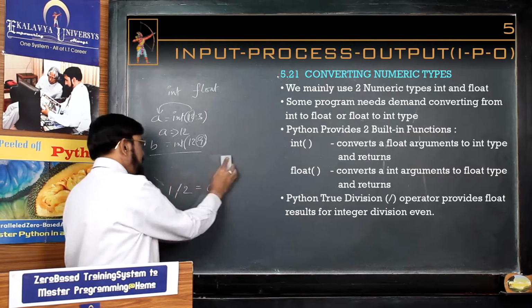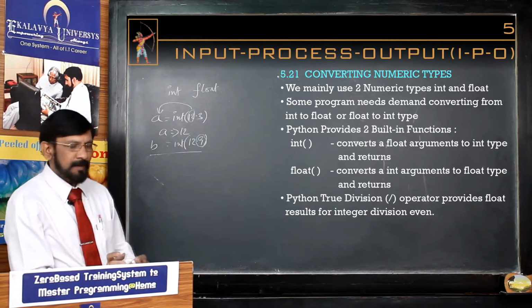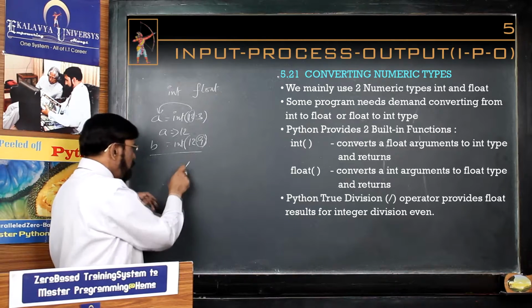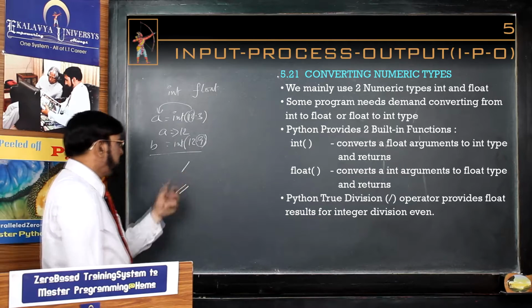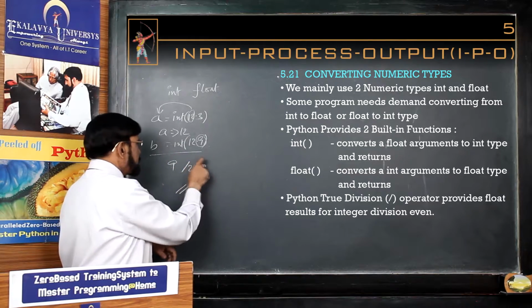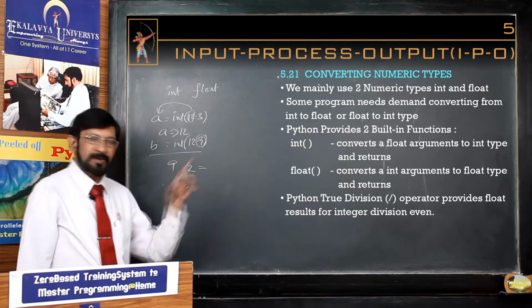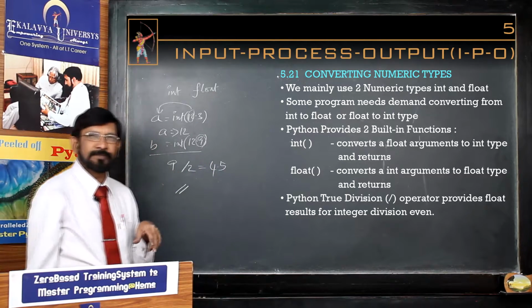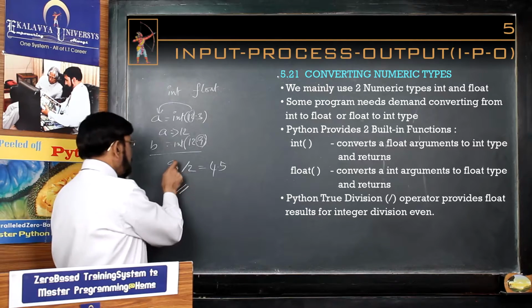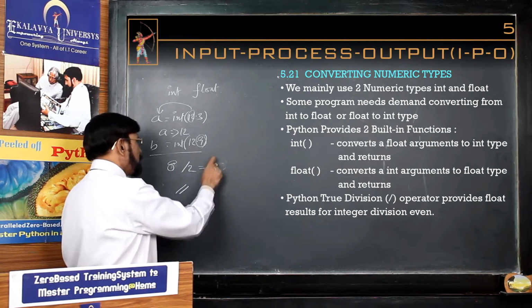But Python is different. Python provides us two types of operators for division. This is the true division operator. Int versus int, actually the result is not int. If required, it is float. Suppose it is 8 by 2, the result is 4 only.